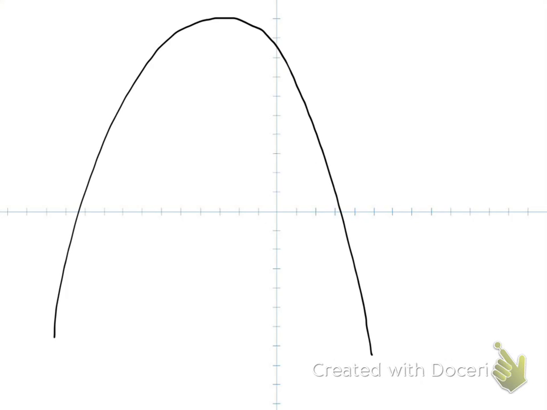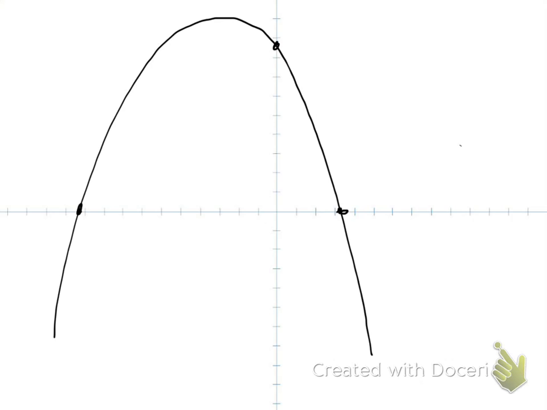All right, so one more time. What were the most important parts? Do you know your parts? X-intercepts, otherwise known as the solutions. It's hard to make a dot on this program, sorry. There it is, okay.